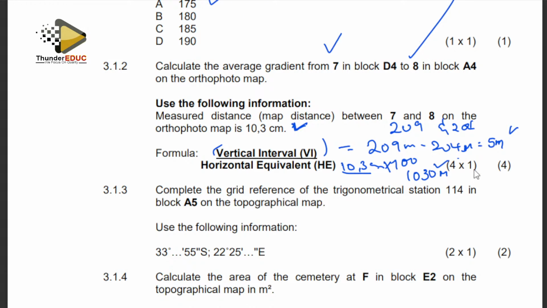So we put it in the formula. It becomes 5 meters over 1030 meters. All right, 5 meters and 1030 meters. So we divide by the smallest, because the answer must be in the ratio.